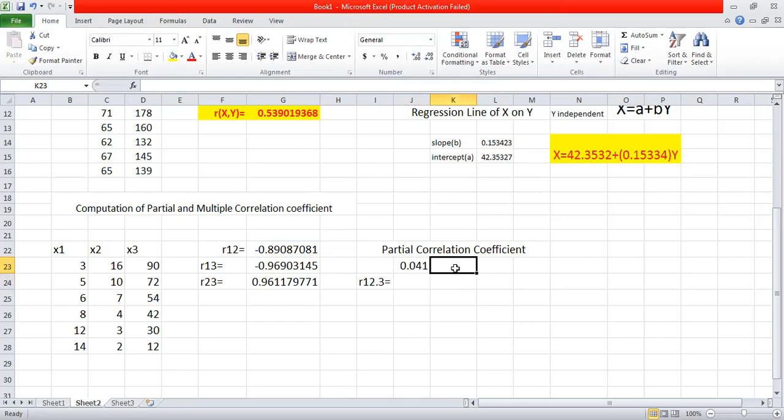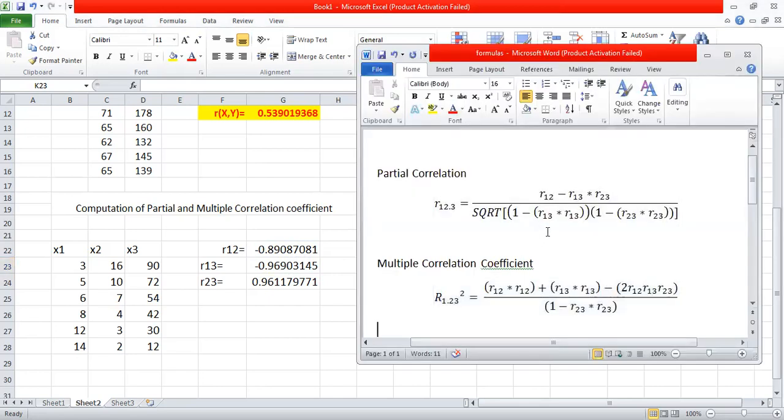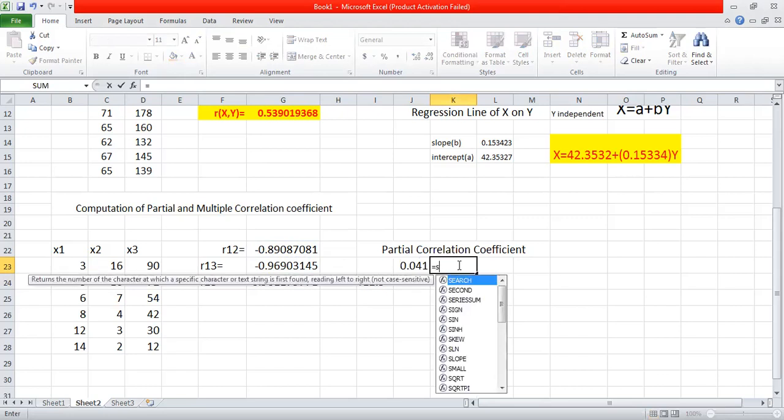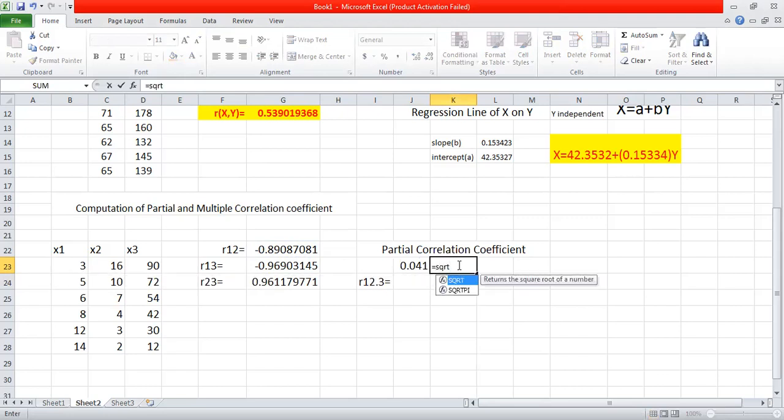Similarly, the denominator is the square root of 1 minus R13 square into 1 minus R23 square. Here we should use multiple brackets. First we write the bracket for the square root.